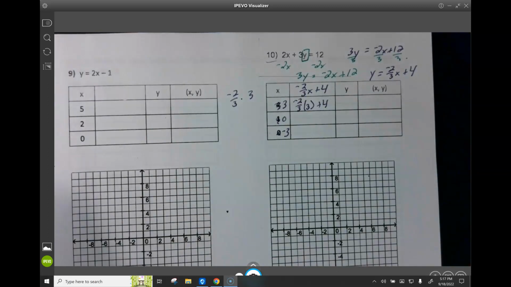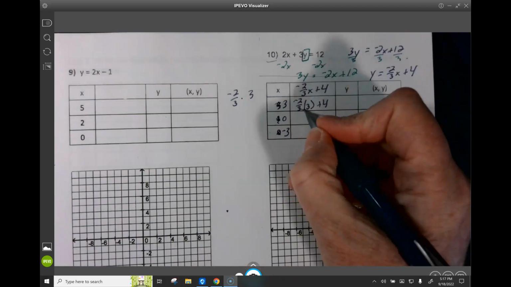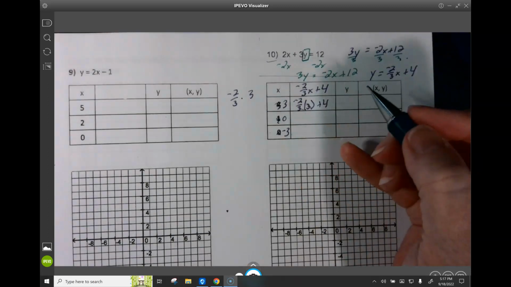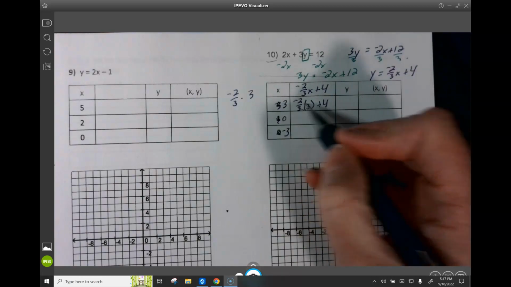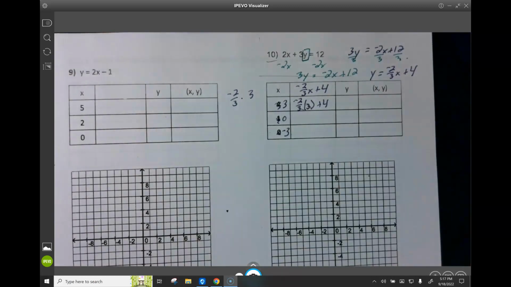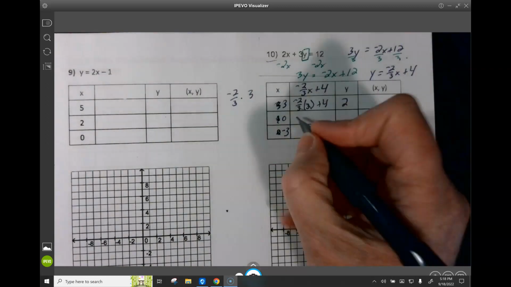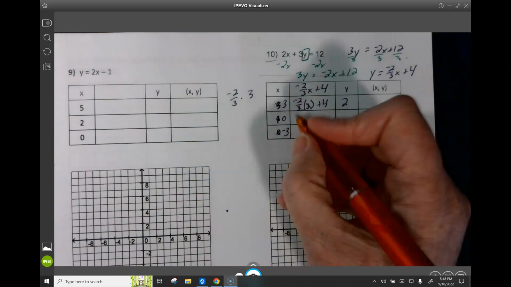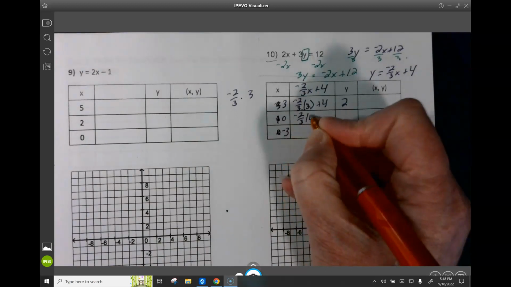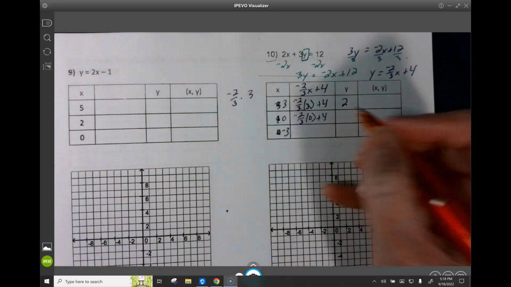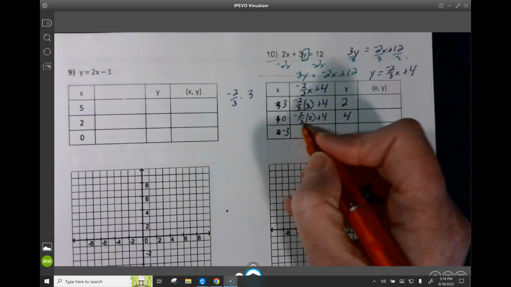And notice what happens here. My 3's drop out. They divide out to 1. So then I have -2 plus 4, and -2 plus 4 is going to give me 2. Do the same thing here. Oh, this one's nice. I have -2/3 times 0, and we know anything times 0 is just going to be 0.